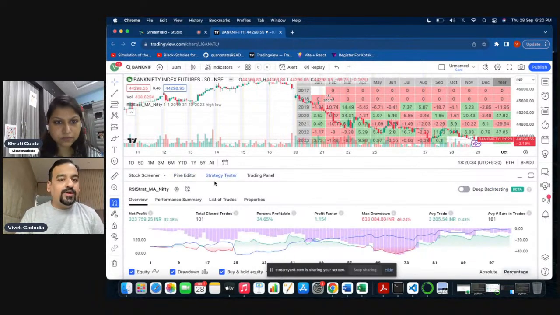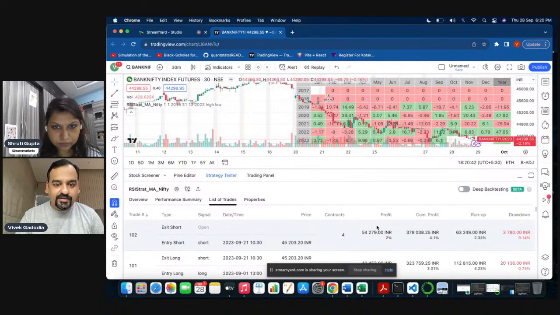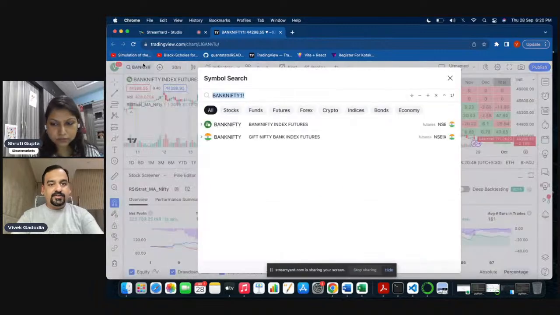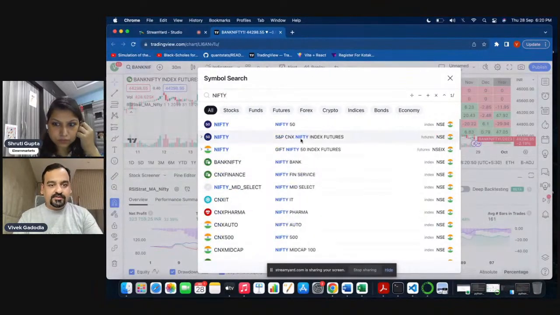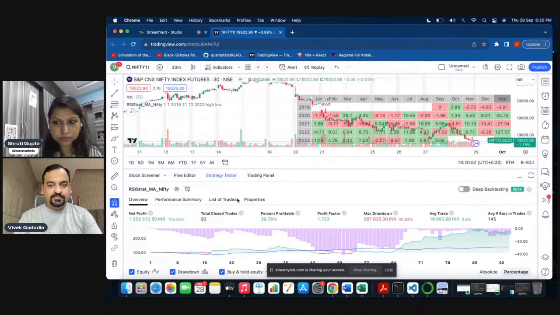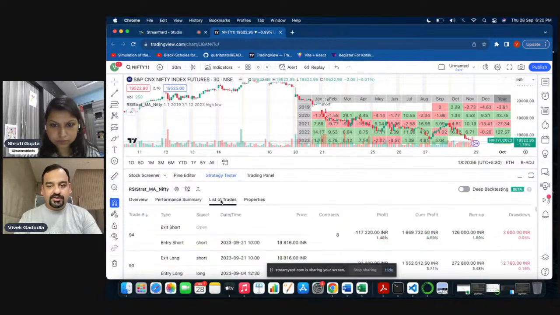This uses actually two RSIs, so you can just ignore that. But even in this system, we have got a sell today, in Bank Nifty and in Nifty both.